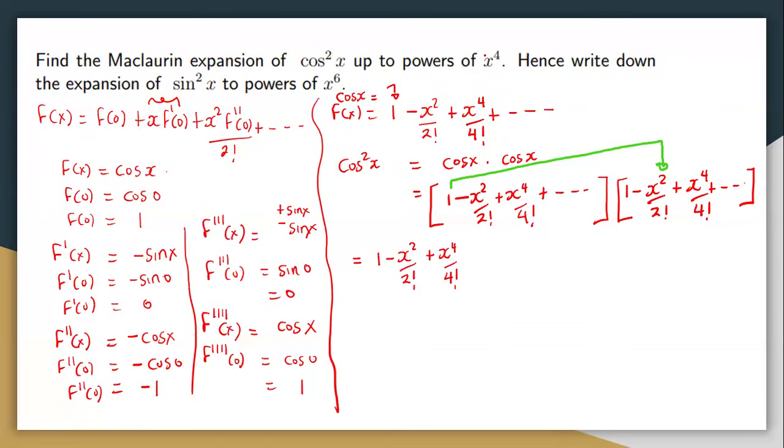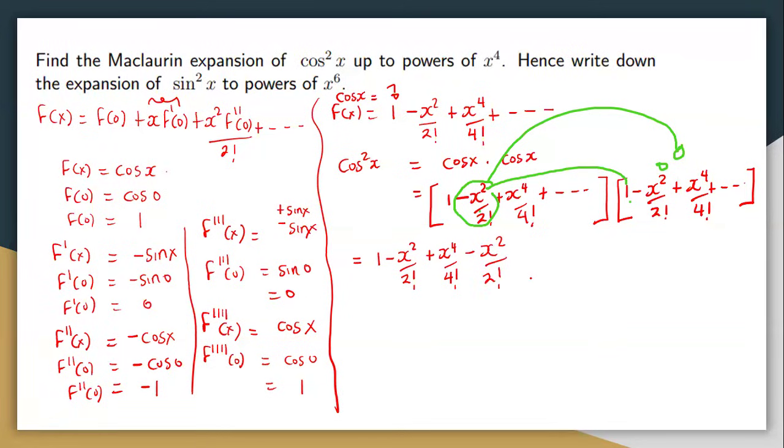When I go to the second, I multiply this by the whole of this as well. So when I'm multiplying for the second one, I want you to observe. This minus x squared multiplies the 1 first here. What will I have? I'll end up with minus x squared out of 2 factorial.